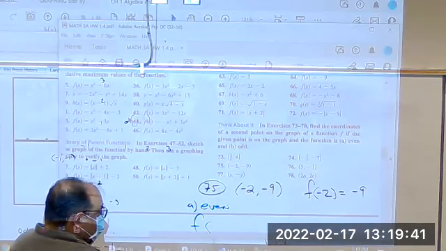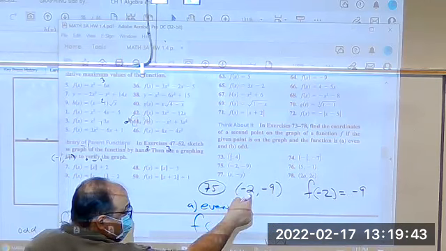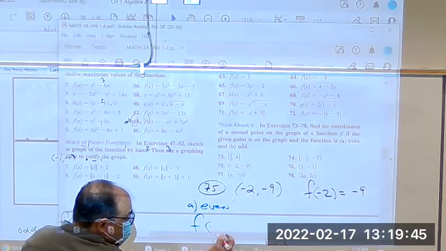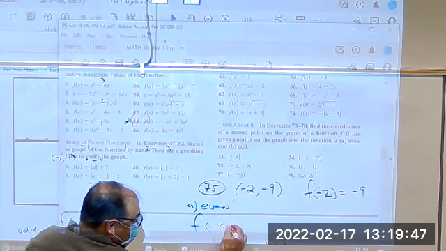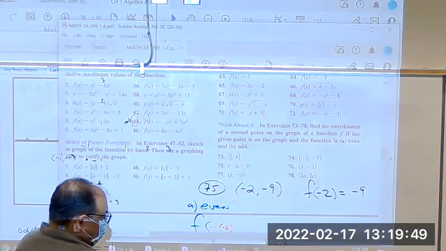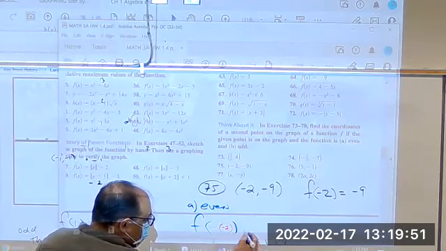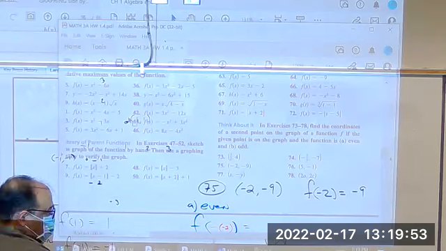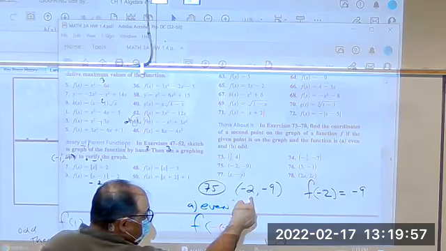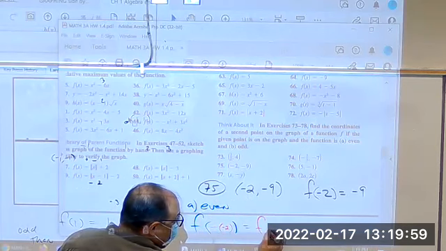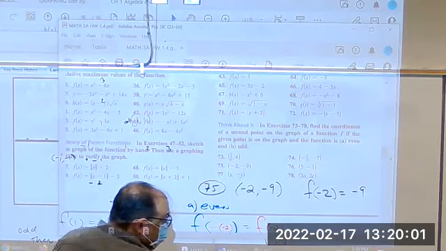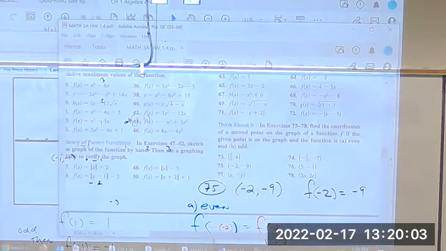So we would be plugging in the other side of this x, the opposite of that -2, and it has to equal the same as the original f of -2.